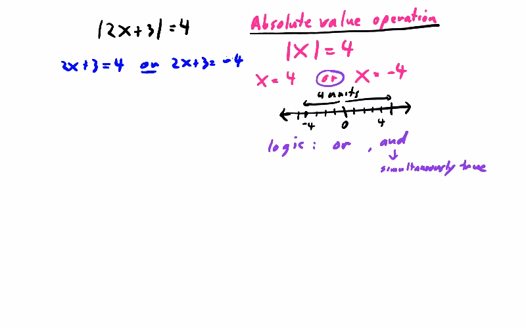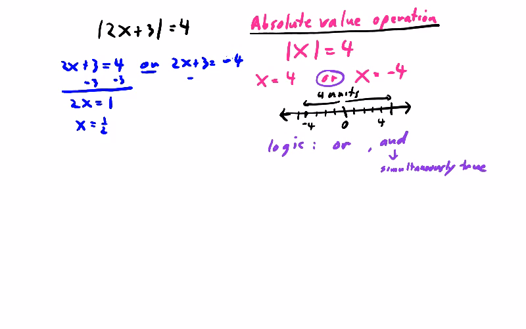Now, for either one of these, the solution should be pretty straightforward at this point. For either one of these, subtracting 3 from both sides will simplify the equation. We'll divide both sides by 2, get that x is 1/2.